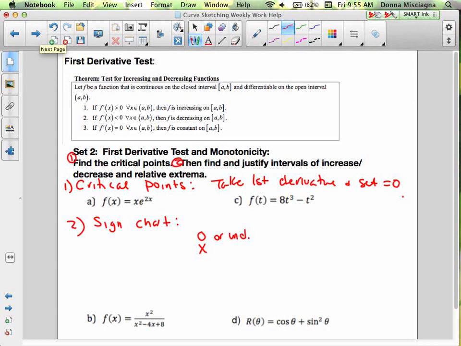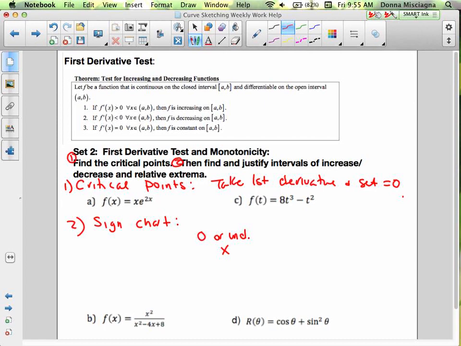Any of these are the critical points. I'm looking at b, that's a rational function, so it could be undefined, very likely will be undefined somewhere. Those are your critical points.